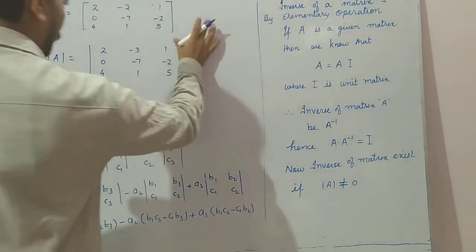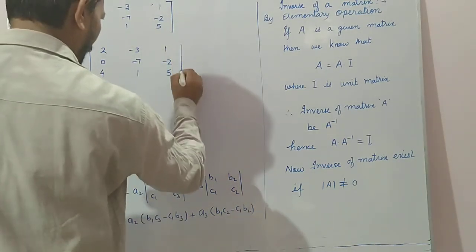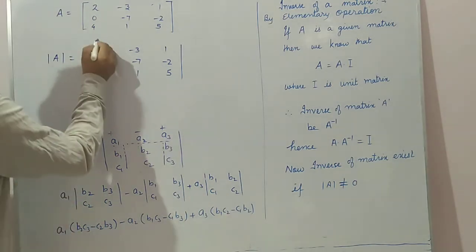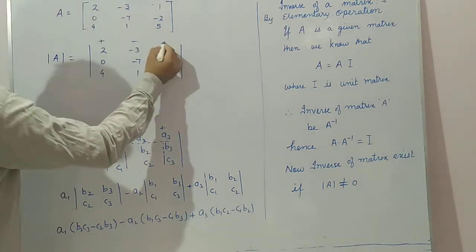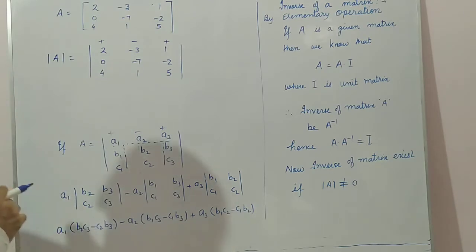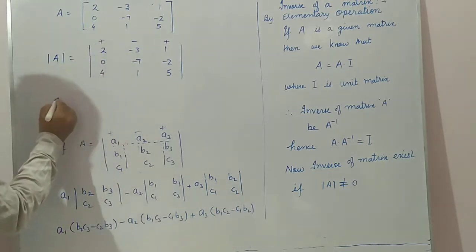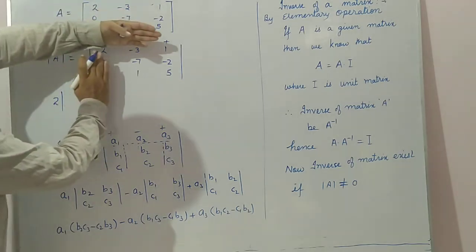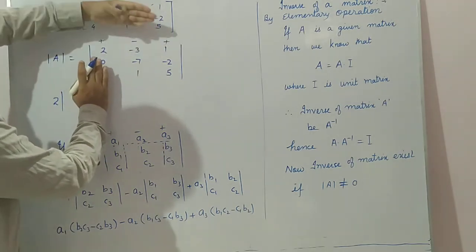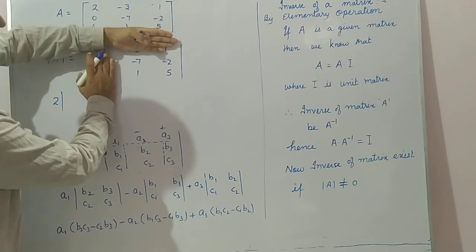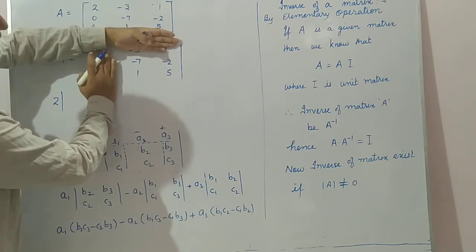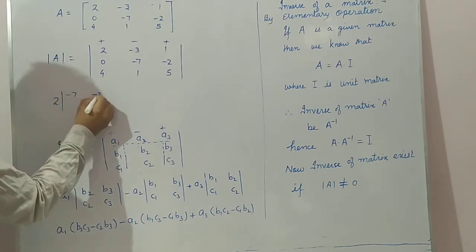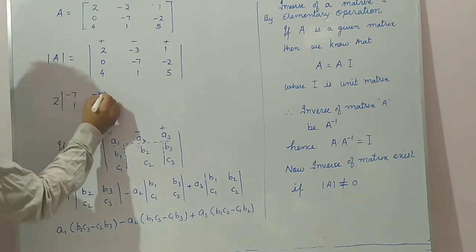After that we will use the same method, plus, minus, plus. We are taking plus 2 and eliminating the row and column associated with 2. So you are left with minus 7, minus 2, 1, 5.